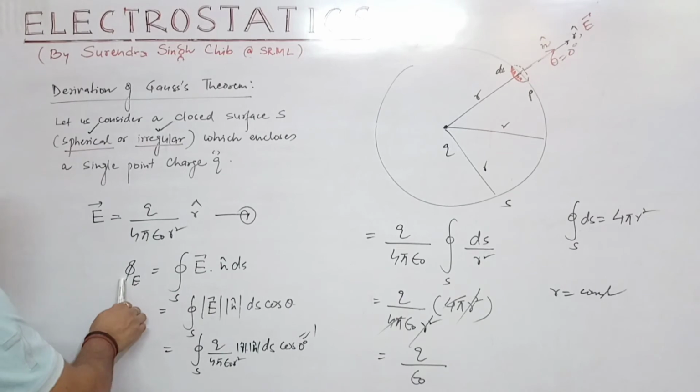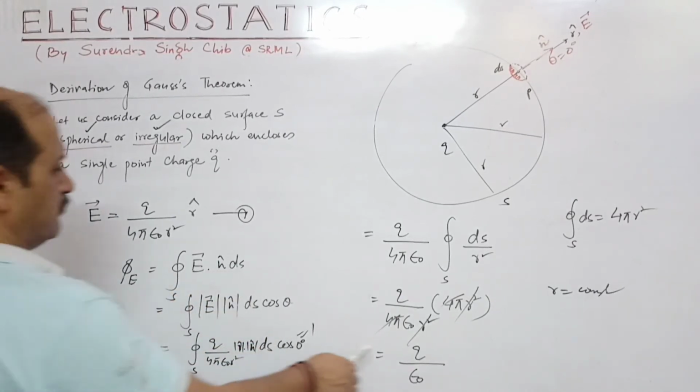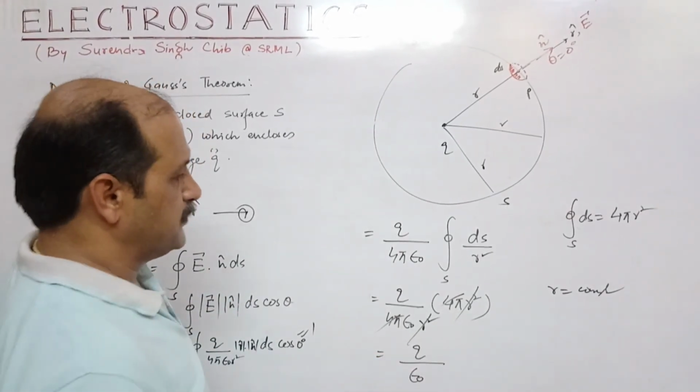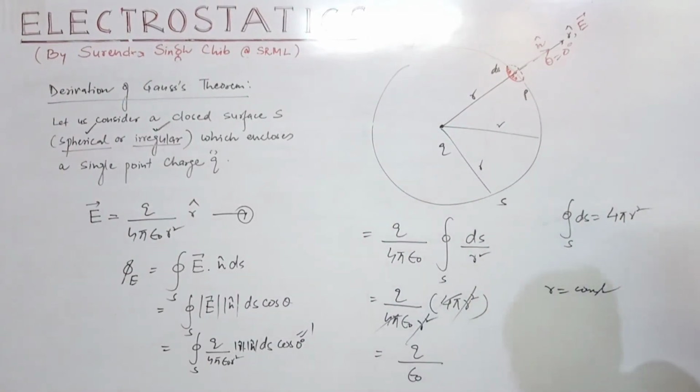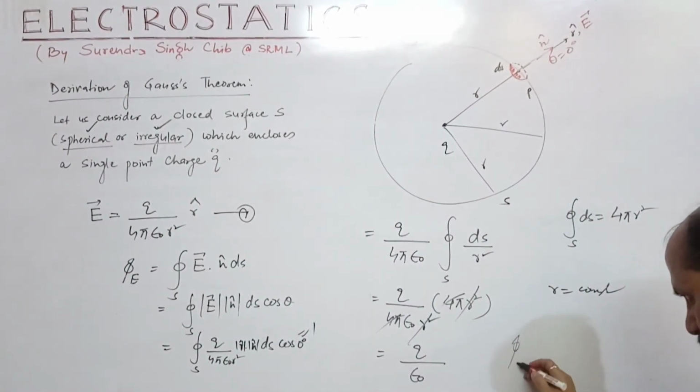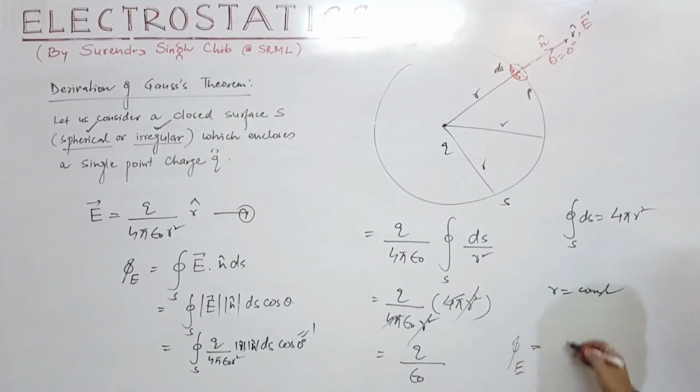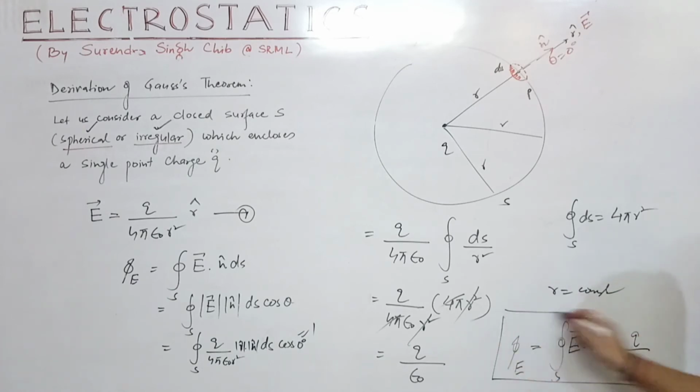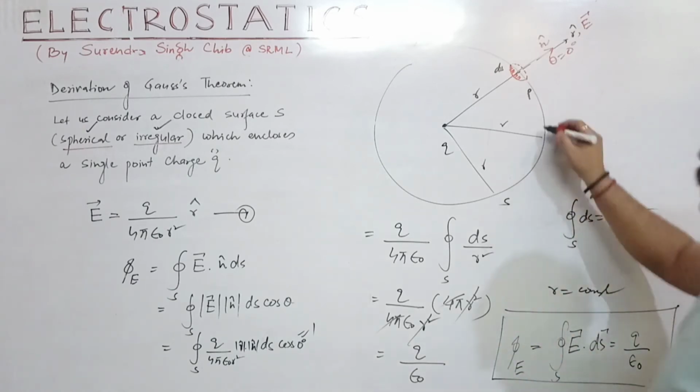That is phi e, which is equal to the integral of E dot n cap ds, equal to q upon epsilon naught. So this is Gauss's theorem. I am writing it again. What is Gauss's theorem? Flux phi e equals the surface integral of electric field intensity over a closed surface called the Gaussian surface, and it equals the charge enclosed divided by epsilon naught, and it is in vacuum.